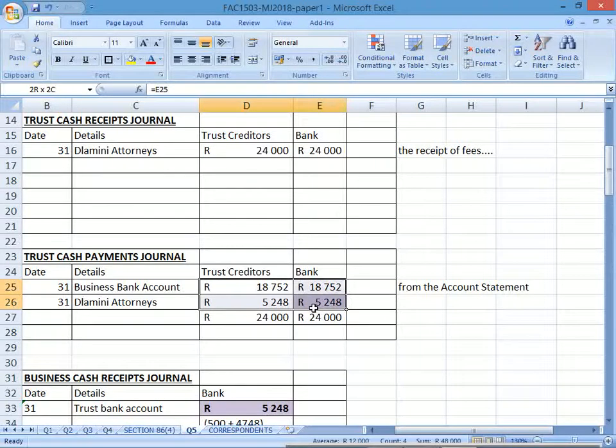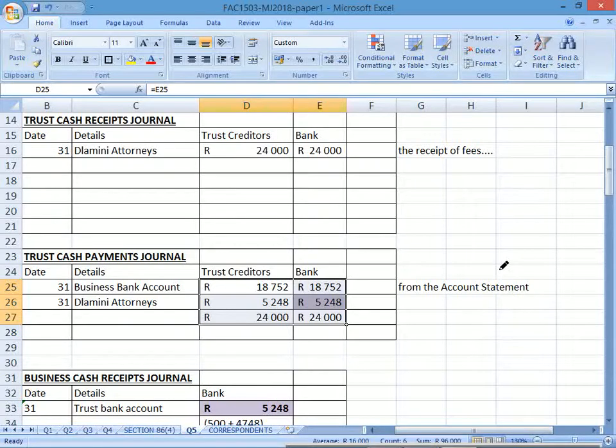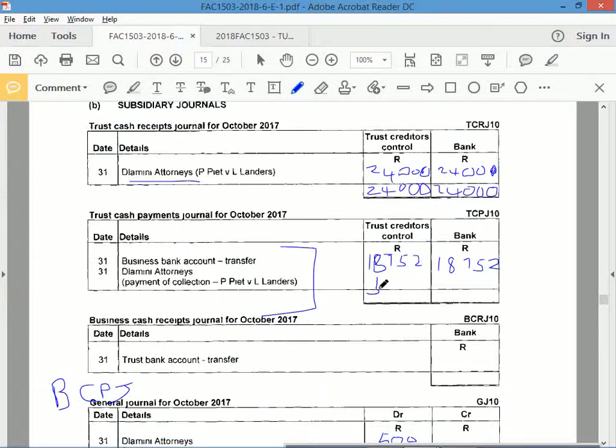Right, then we had this, so 18752, and the other figure was 5248. 5248 gave you a total of 24,000.